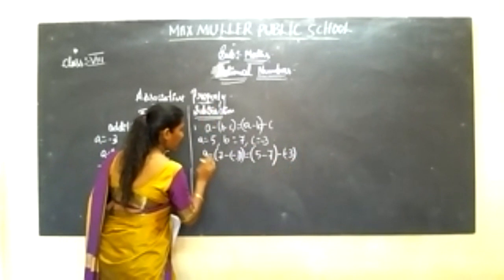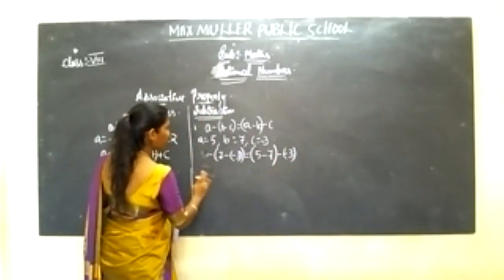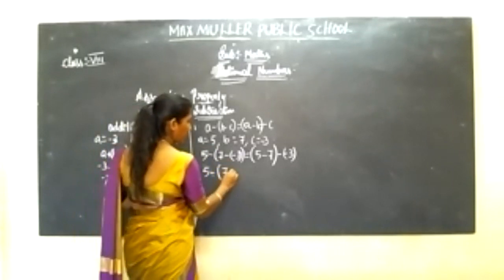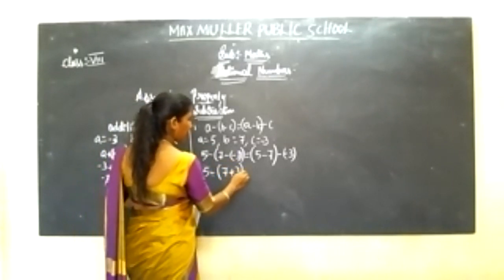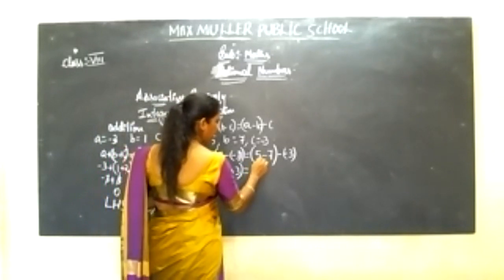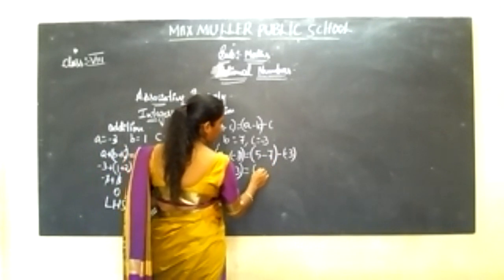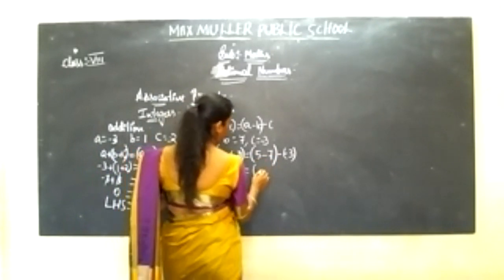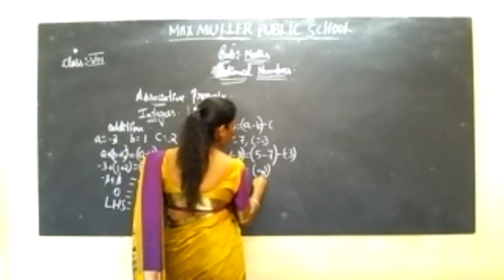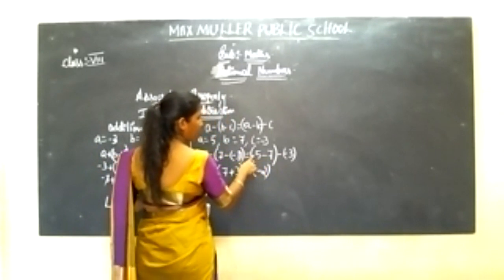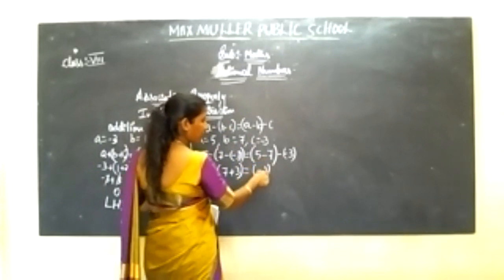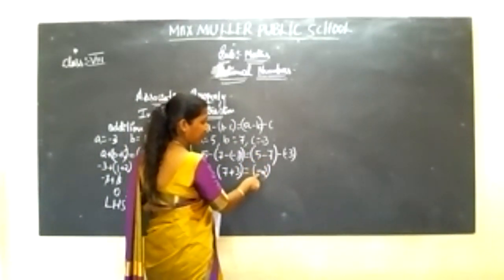So in place of A you substitute 5 minus, and the bracket will be removed: 7 minus into minus is plus 3. Equal to 5 minus 7, you can write. One is positive and one is negative, so you have to subtract and put the greater number's sign. You subtract, you will get 2, and the greater number is minus.